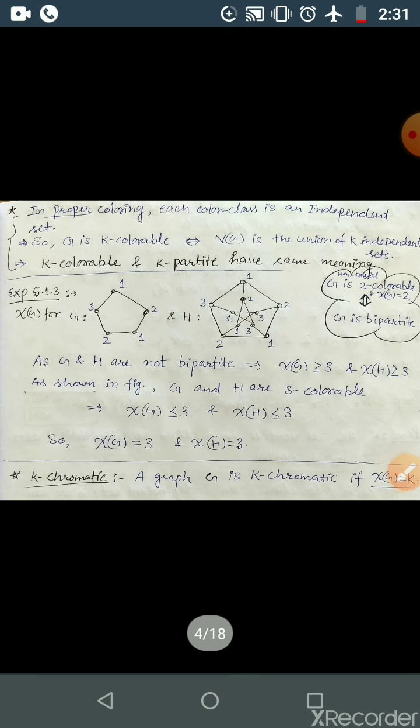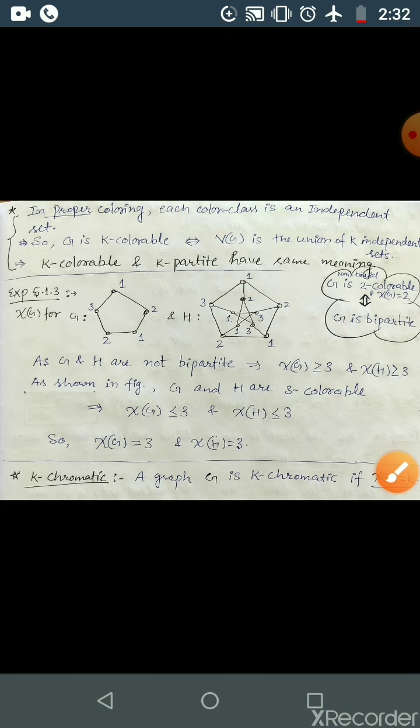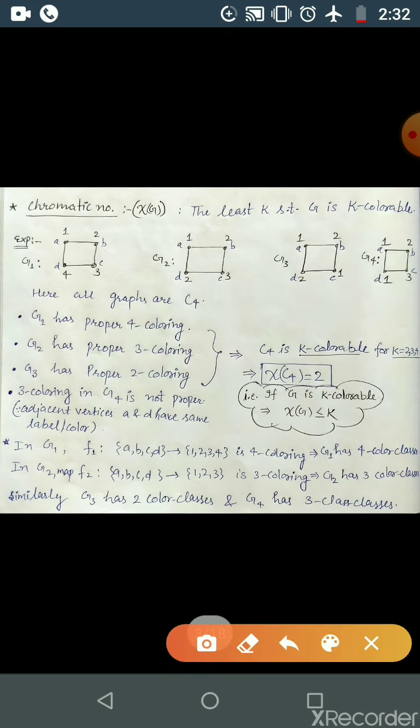Now come to this one. In proper coloring, each color class is an independent set. Whenever we are saying proper coloring, you can take this example of a 3 coloring of C4. Here we have a 3 coloring, but this is not proper. So here also color classes are there.